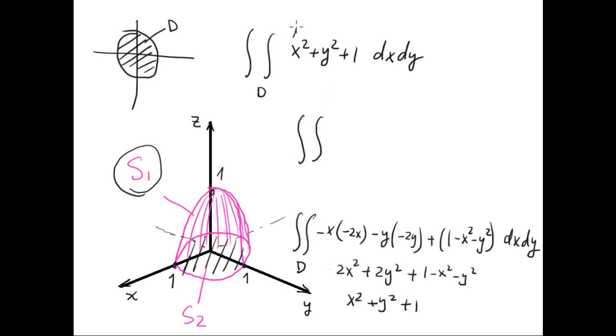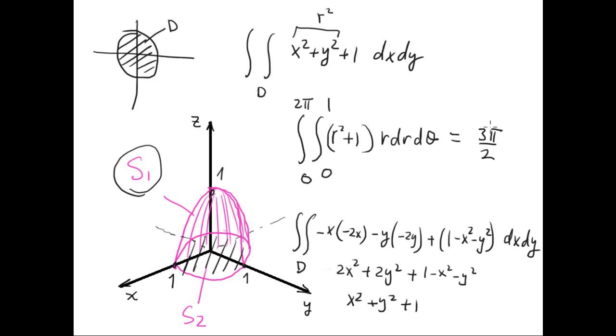In polar, this is r squared plus 1, r dr d theta, and r varies from 0 to 1, and theta varies from 0 to 2 pi. Okay, I want to skip the evaluation of the integral; the evaluation of the integral is 3 pi over 2.